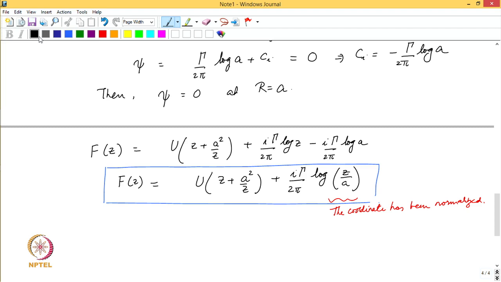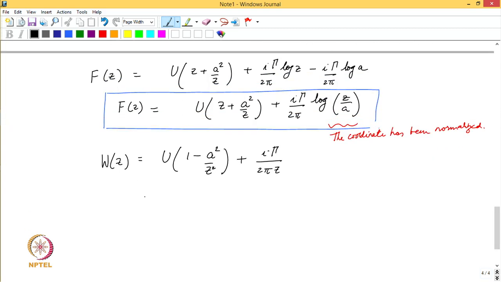So, the way we do it is we first derive the complex velocity of this flow. That would be u times (1 minus a square by z square) plus i gamma by 2 pi times z in the denominator, because when you take the derivative d by dz of log z, you will get 1 by z. Now, for obvious reasons, this problem can be easily solved using cylindrical coordinates.